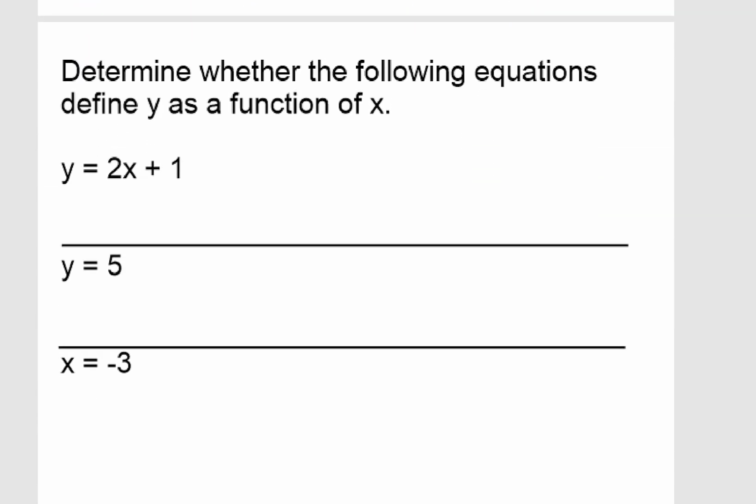Okay, they want us to determine whether the following equations define y as a function of x. So it's asking us, are they functions? Well, from some of the previous lessons, we know that this would be a linear function with a positive slope starting at 0, 1.